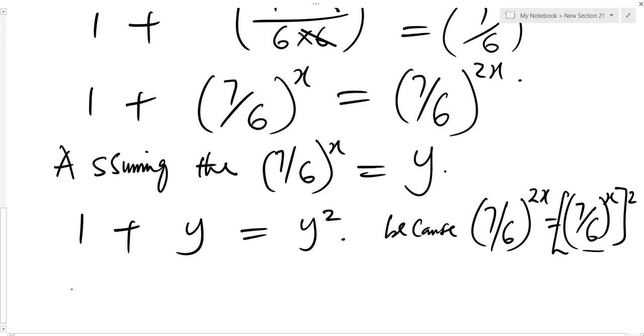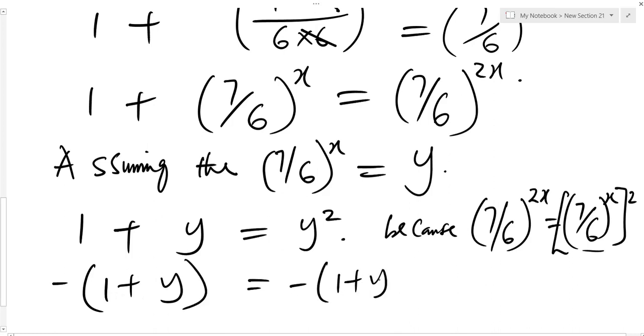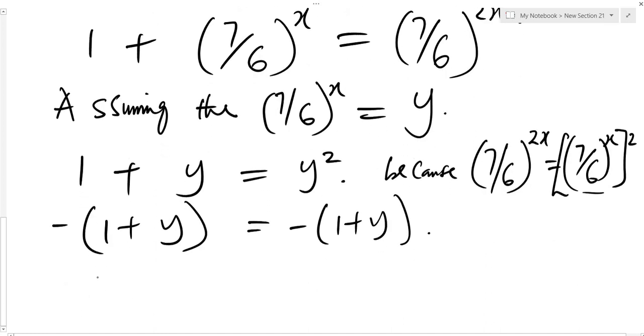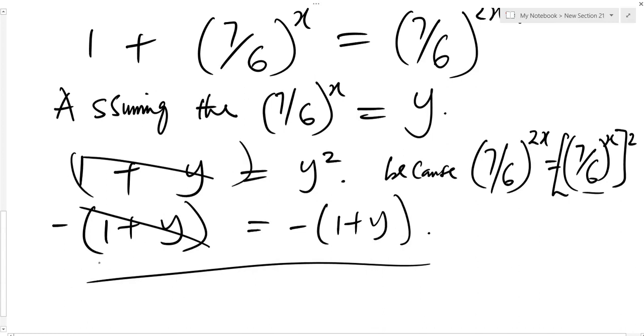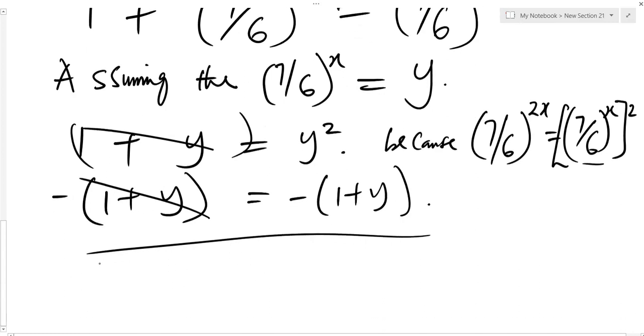So now you can express this by adding minus 1 plus y to both sides of the equation. This will cancel out this. Now we're left with 0 on the left hand side, and on the right hand side we have y to the power of 2 minus y minus 1.